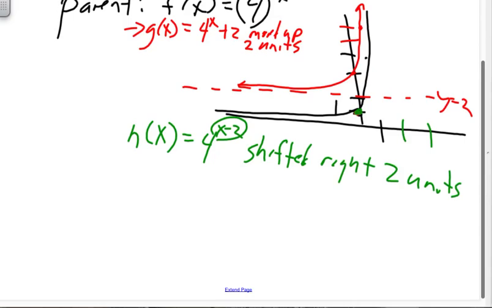I'm going to move everything right 2 units. And so my 0, 1 will get moved to 2, 1. I'm just moving it to the right 2 units. So that point goes there. This point, 1, 4, will go to 3, 4.